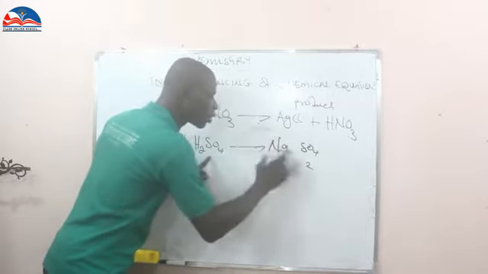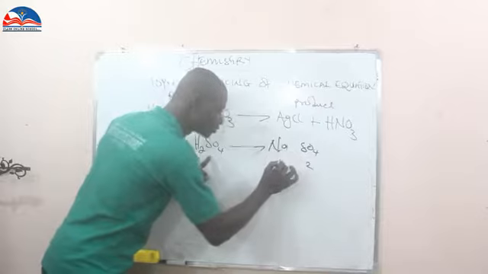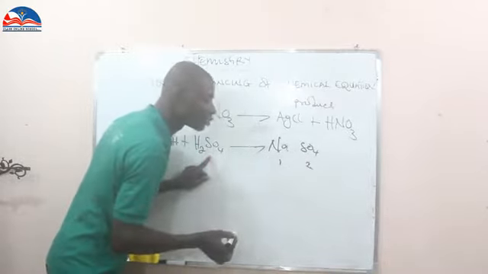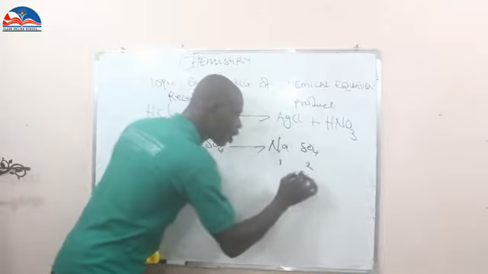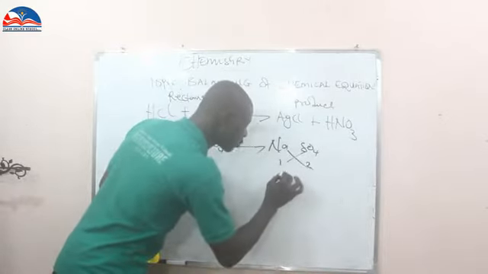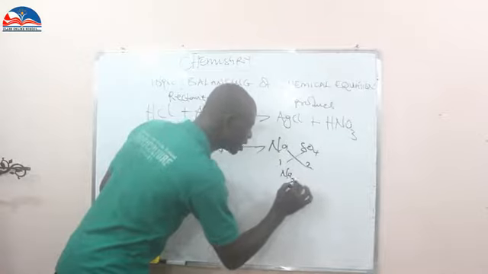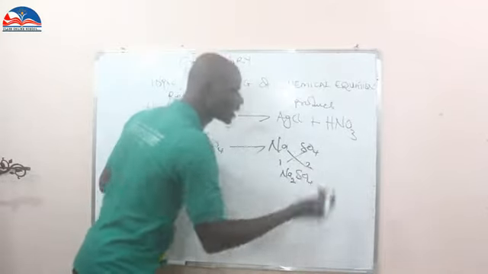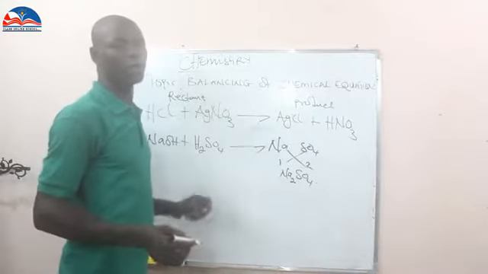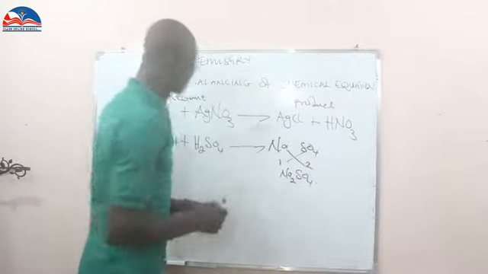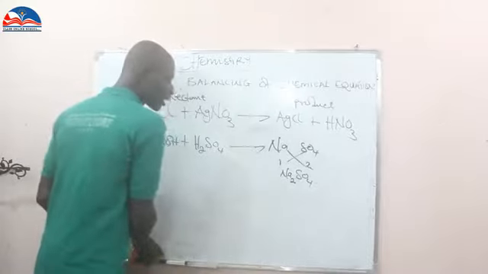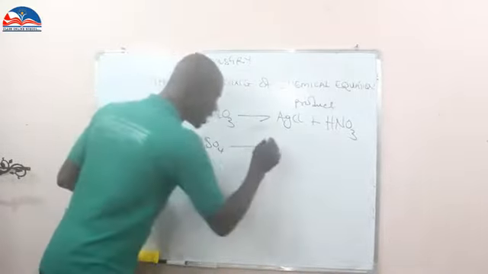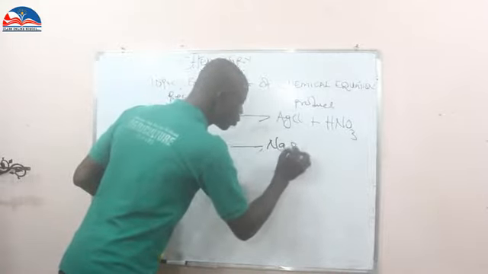So as I want to combine, since this one is 1, this one is 2, I have to carry this 2 to sodium. Therefore, if they combine, I'm going to have Na2SO4. So if 1 multiplied by all this is the same thing as SO4. Because of that, to write the chemical meaning, I'm going to have Na2SO4.